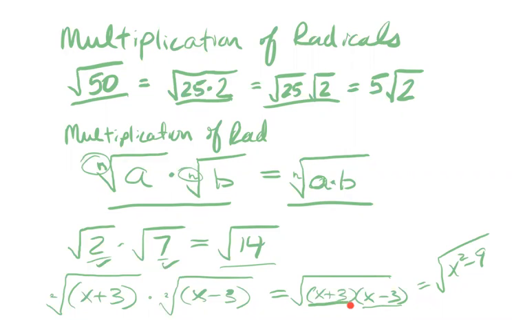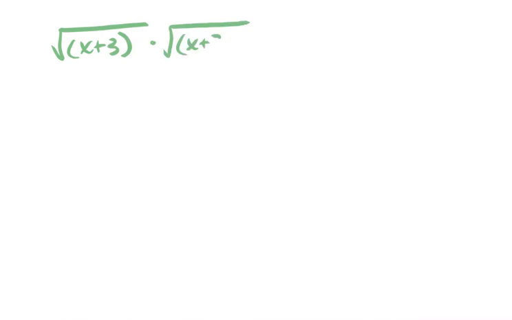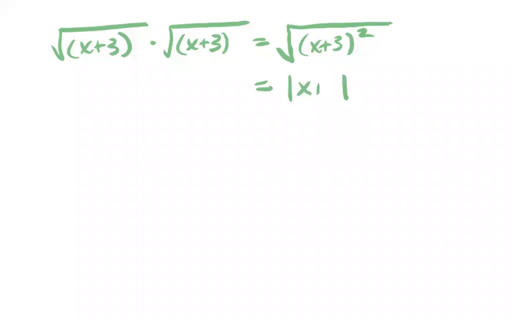Okay, so now I'm going to go on to another page here. If that hadn't been x plus 3 and x minus 3, maybe it was x plus 3 times the same thing, x plus 3, you could see this would give me the square root of x plus 3 times itself, which, of course, the square root and the perfect square would simplify to give me the absolute value of x plus 3.